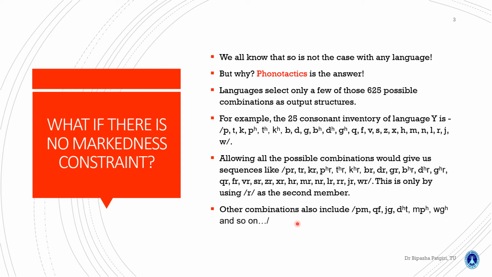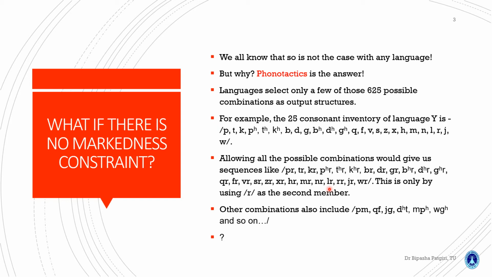So do you think these are possible? Most of these, in the first case, when we had pra, tra, kra, most of these sound okay. They can be possible, but unlike ra, this is slightly uncommon.